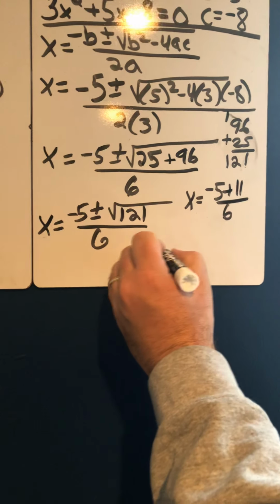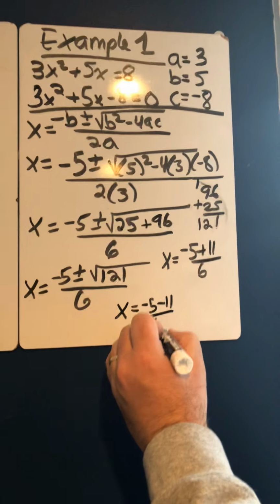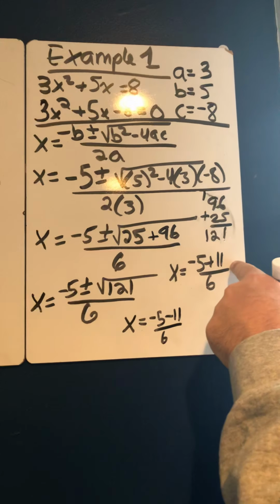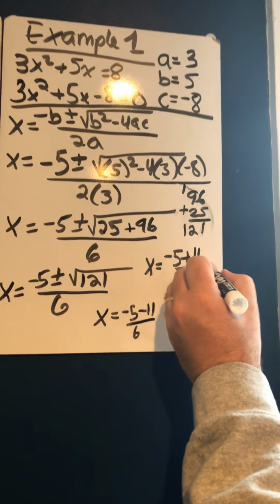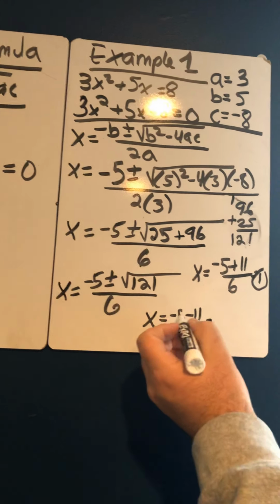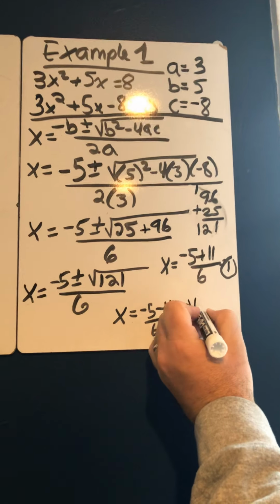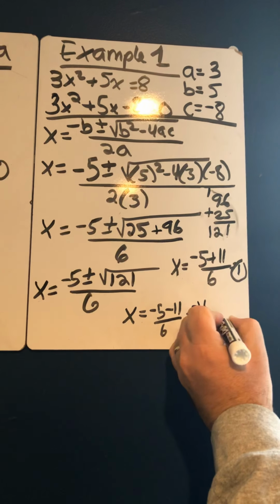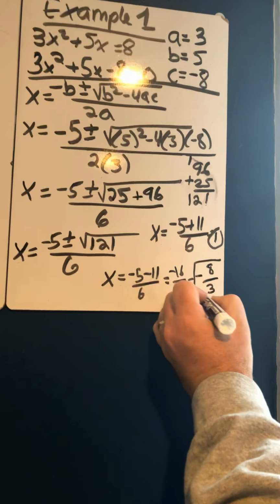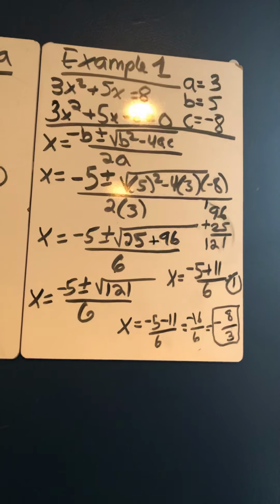And the other answer is x equals negative 5 minus 11 divided by 6. Negative 5 plus 11 is 6. 6 over 6 is 1. So that's one answer, 1. Negative 5 and negative 11 is negative 16 over 6, which reduces to negative 8/3. So those are my two solutions, 1 or negative 8/3.